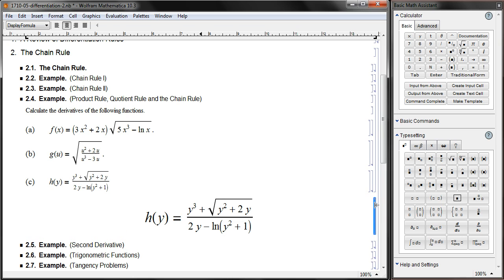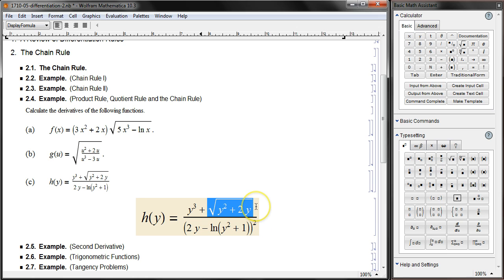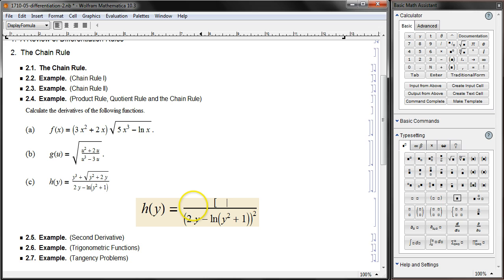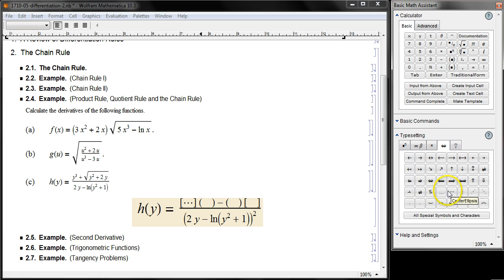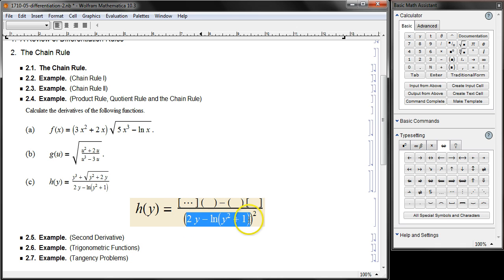Okay, the outer structure is clearly the quotient rule. This over that. So let's put this into the structure of quotient rule, denominator squared, and then this is u prime v minus u v prime. That's the structure of the quotient rule, isn't it? The derivative of the numerator, and then this is just the denominator, so you don't really have to do anything.